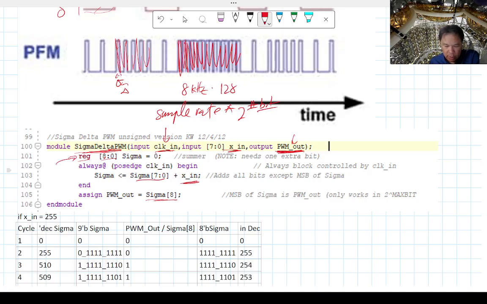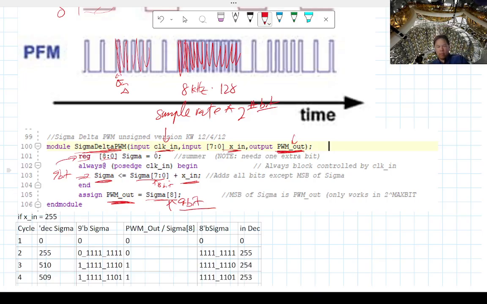But if your input is 255, then you're adding a large number to it. And that becomes my new sigma, which is the 9-bit sigma. So the left-hand side here is 9-bit, and the right-hand side is actually 8-bit. So I'm adding stuff, but I'm not adding the 9th bit, the most significant bit. And then I'm assigning the pulse width modulation output to be the 9th bit.